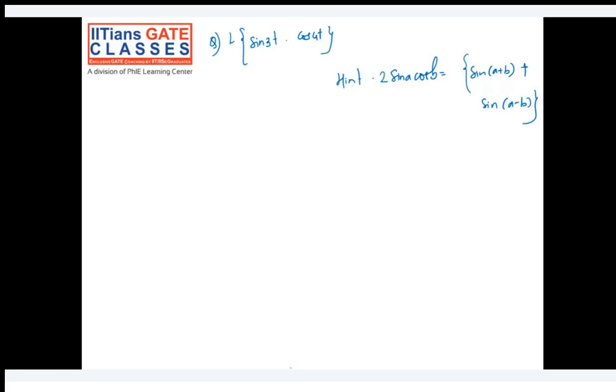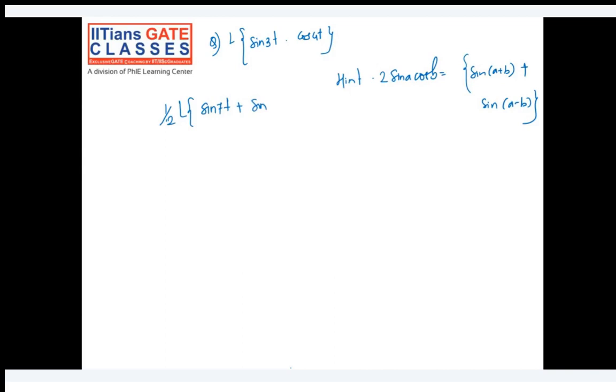So how will it look? Half of the Laplace transform of sine of (3 plus 4), which is sine of 7t, plus sine of (3 minus 4), how much?